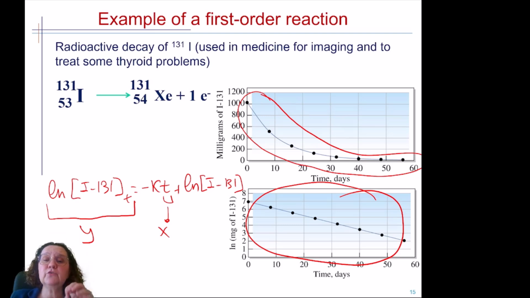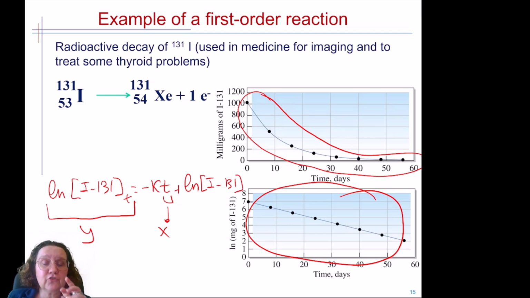And that's one of the ways that we can find out if a particular reaction is a first order reaction, because we will see that second order reactions also give us curves that look very similar, and it's very straightforward to see, is this first order or second order?